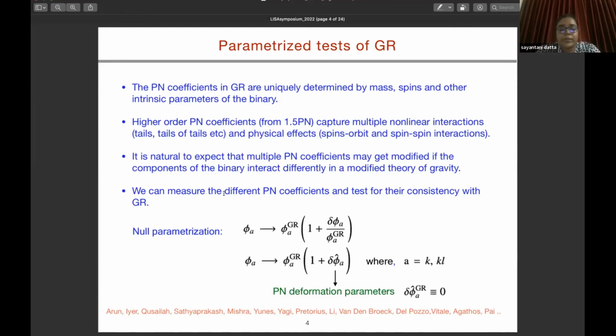This gives us a motivation to test for these coefficients and see if they're consistent with the GR value. For that, we consider this null parameterization, where fractional deformation parameters are added at each PN order. These are denoted by delta phi A. Of course, in GR, their value is 0 and could have any non-GR value in the modified theory of gravity.